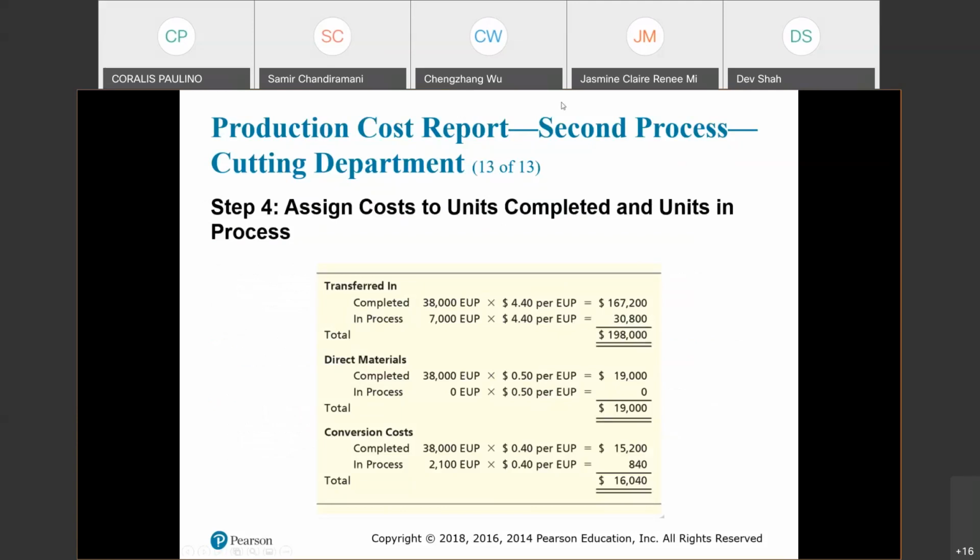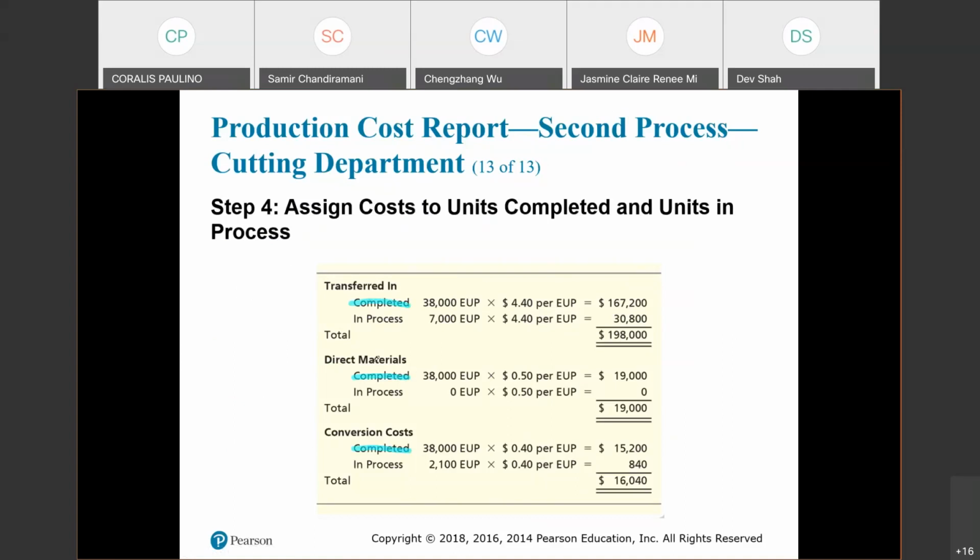So for the first 3, we have to calculate the completed units in transferred in cost, completed units in terms of direct materials, and completed units in terms of conversion costs.